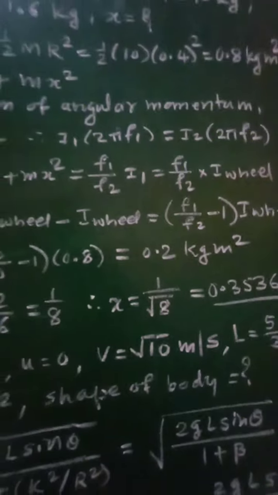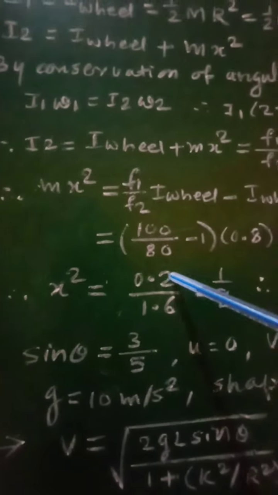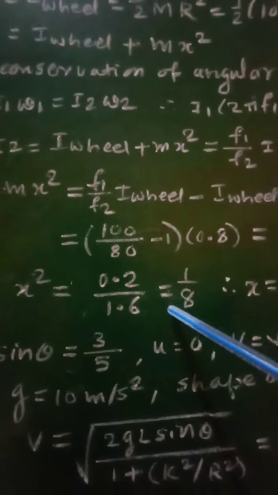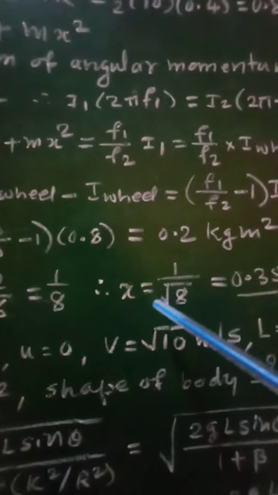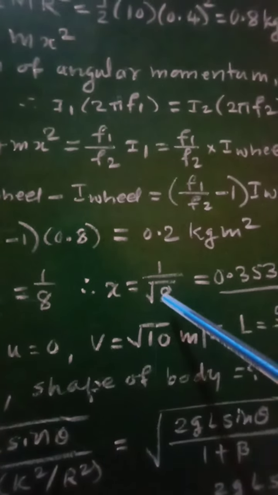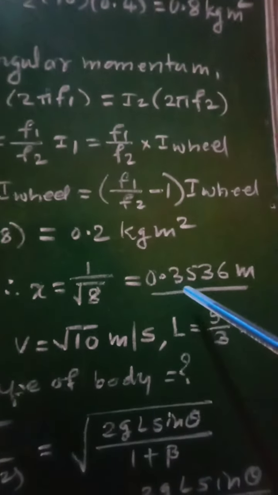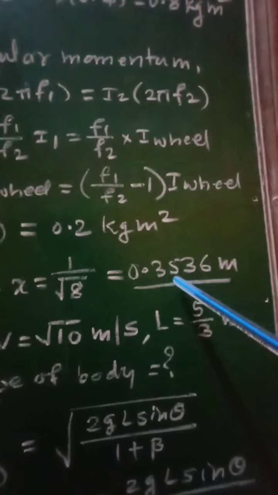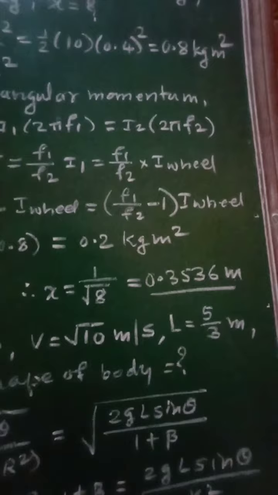This is the value of mx square, and therefore x square will be equal to 0.2 upon 1.6, which is equal to 1 by 8, and therefore x will be equal to 1 by root 8, which comes out to be 0.3536 meter. This will be the value of x.